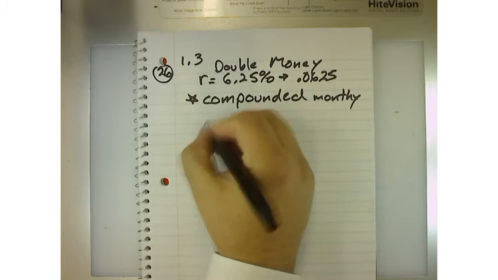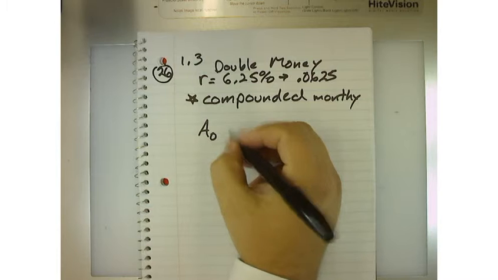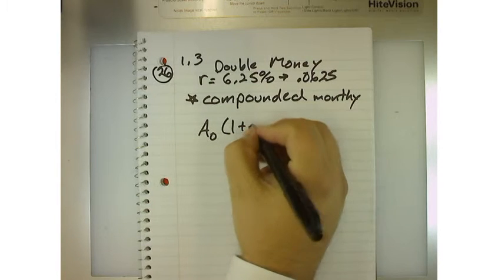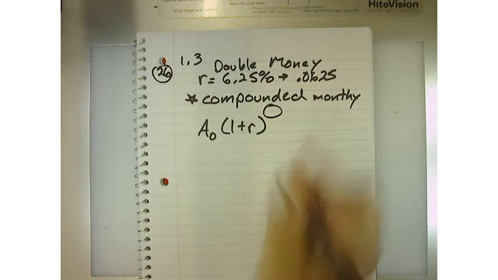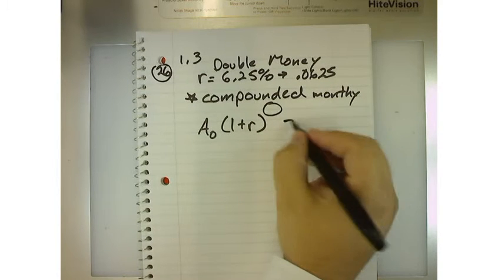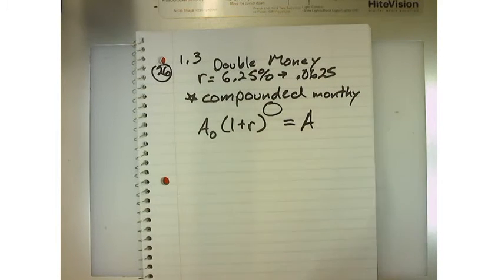All these problems are going to have the initial amount A sub naught times 1 plus the rate, raised to the cycles, and then your final amount A. Now here, because it's compounded monthly, how many times a year is that?